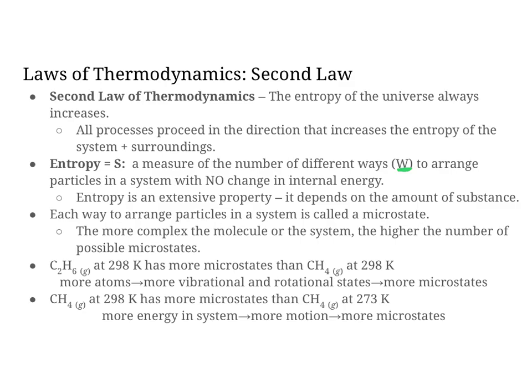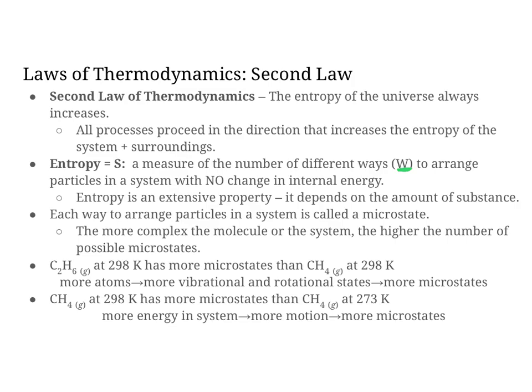And entropy is an extensive property, and it always depends on the amount of substance. So if I have a little bit of substance A versus a lot of substance B, the entropy can be affected by that. So the more complex the molecule or the system is, the higher the number of something called microstates. And each way that we arrange a particle or a system is called a microstate.